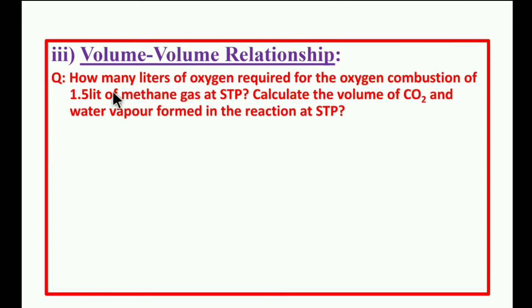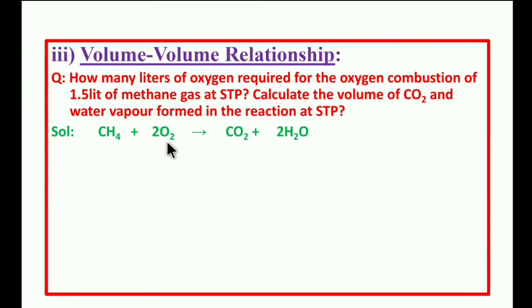So one is how many liters of oxygen are required, another is how much volume of carbon dioxide is released, and how much volume of water vapor forms at STP. First we have to write the skeletal equation, that is the balanced equation.